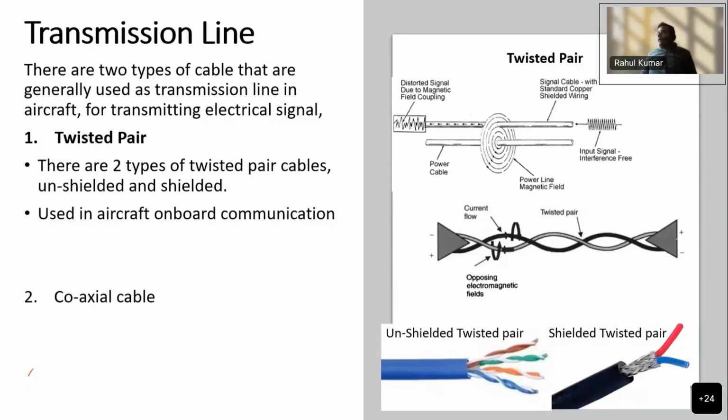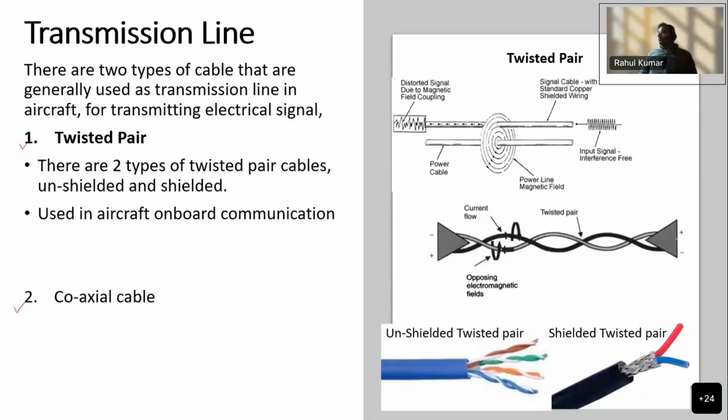Now, in an aircraft, we generally use twisted pair or co-axial cables as a transmission line for transmitting your electrical signal.